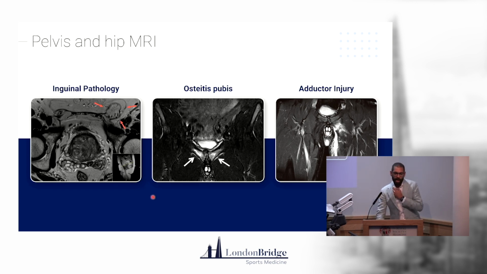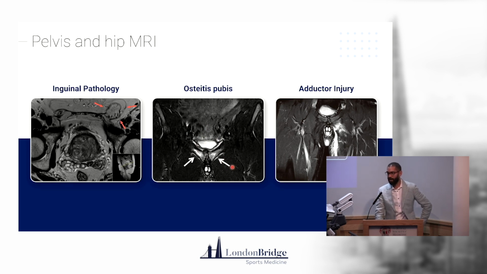I think just from a general overload point of view, so if you've got a young athlete, or not even a young athlete, anyone really who's not got their load management right, and you think there'd be some element of overtraining or not recovering properly, asking for a small view of the pubis is really, really helpful.